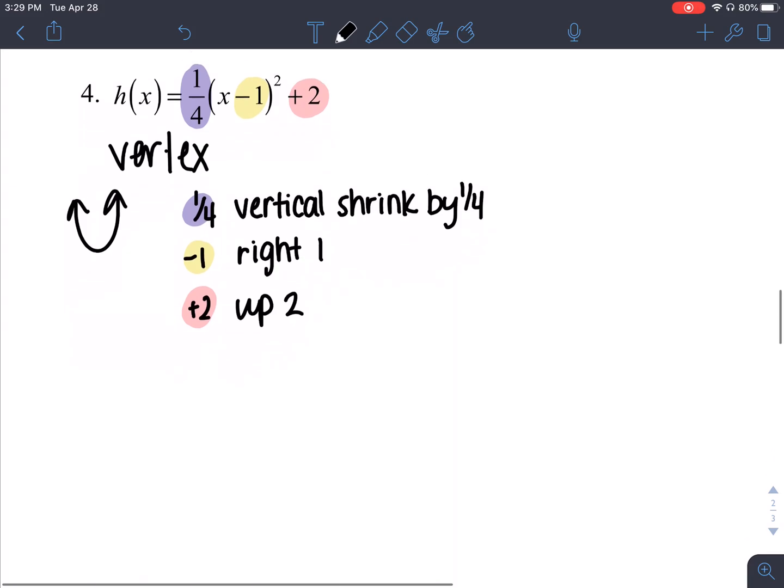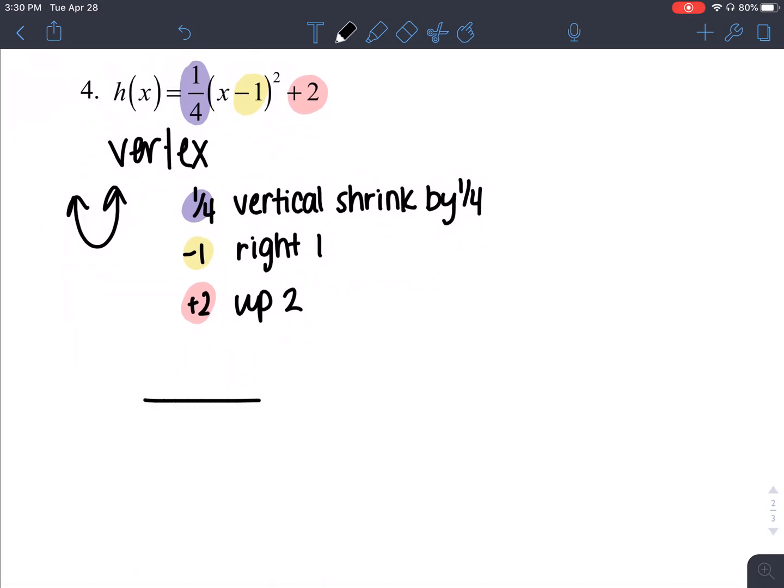So now that I have my transformations ready, I'm going to create my original table. And as we talked about before, there's one number you have to use, and then the other ones, we just want to make sure there's symmetrical points. So you have to use 0 because it's going to end up being your vertex, and 0 squared is 0. Then in the previous video, I used 1 and -1, but you don't have to use that.